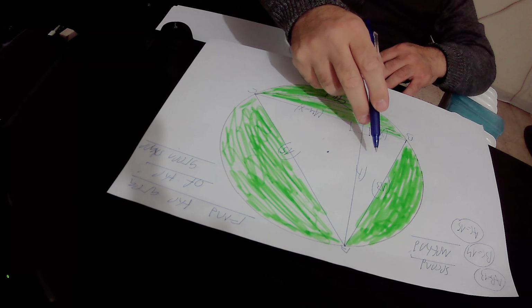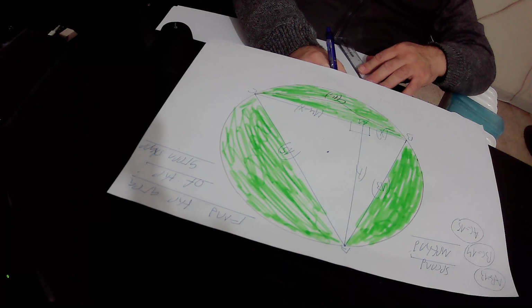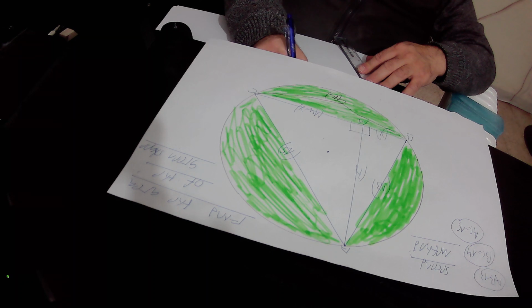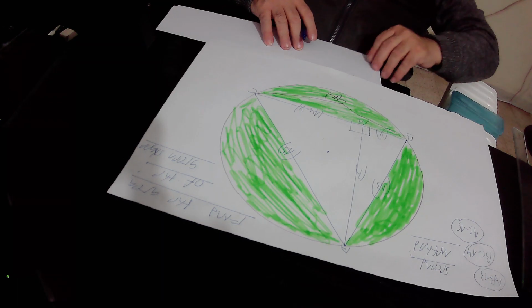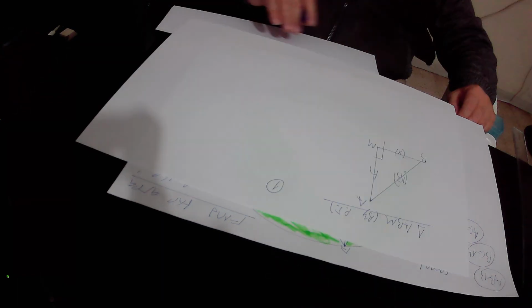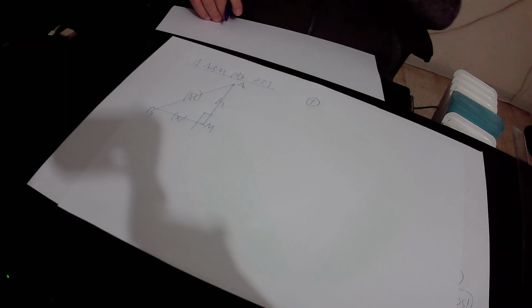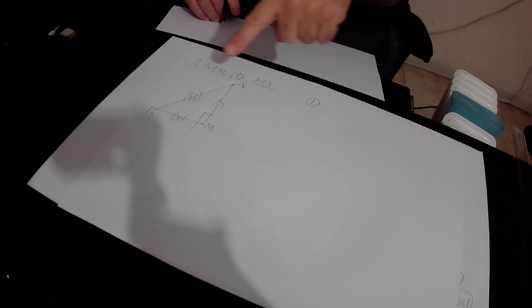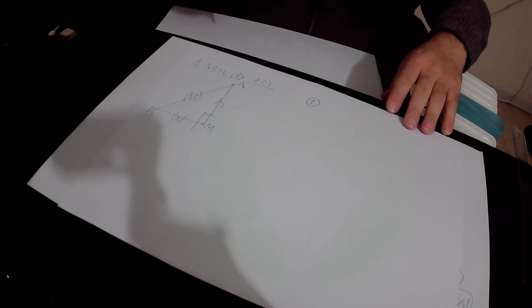Side AB equals 13 units according to what is given in the question.